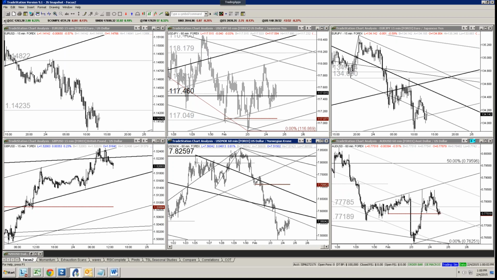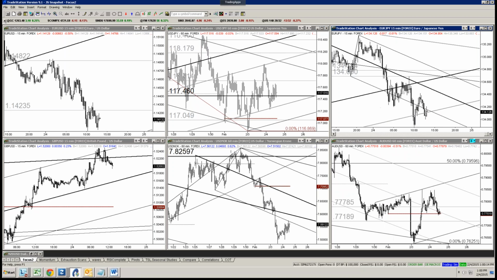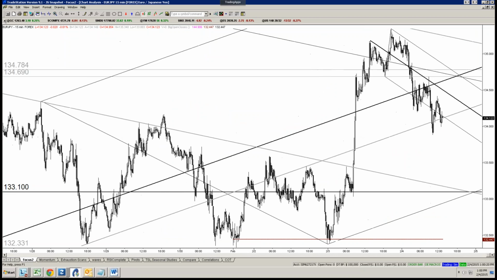So I mentioned via Twitter that I was kind of excited to show a Euro-Yen chart. So let's do that. I'll blow this up a little bit.